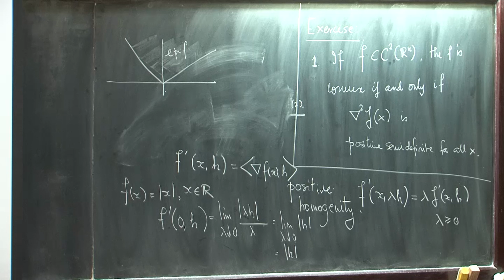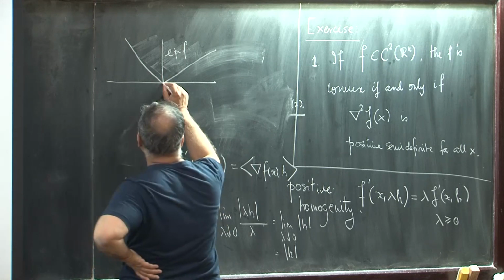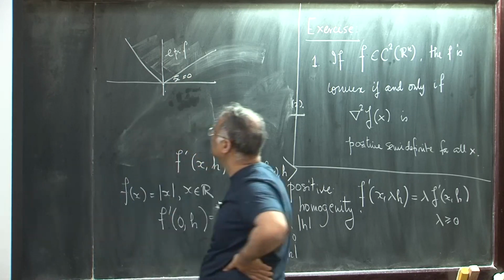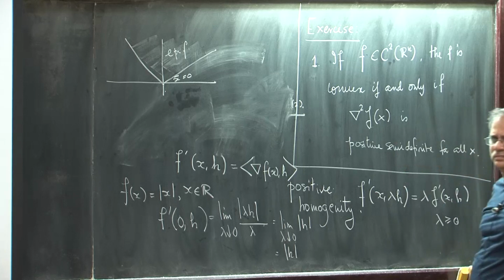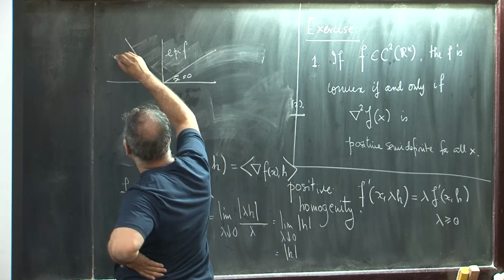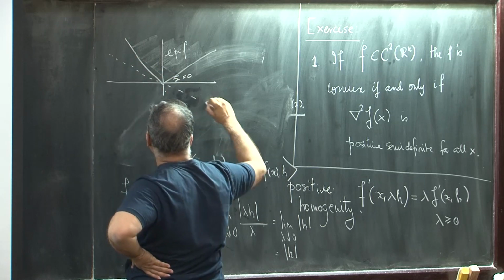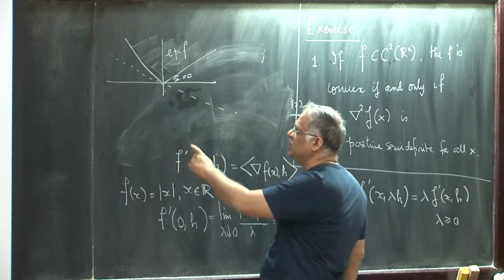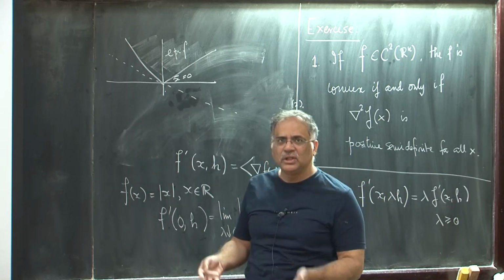At the point x equal to 0, I try to draw a supporting hyperplane. All the supporting hyperplanes that I draw at x bar equal to 0 would lie below the graph.